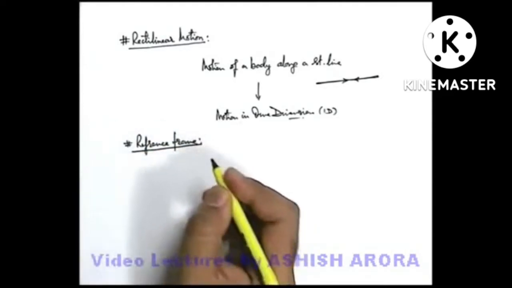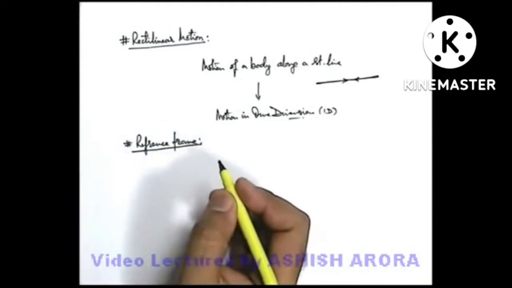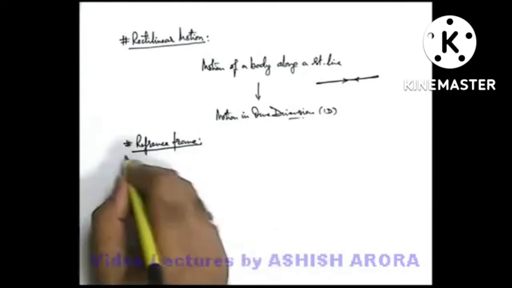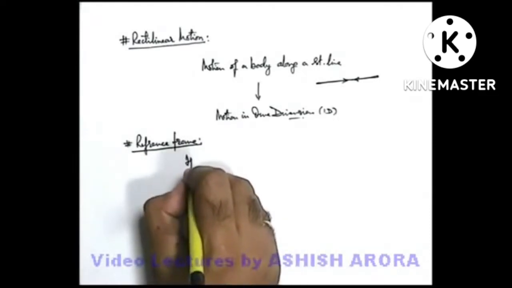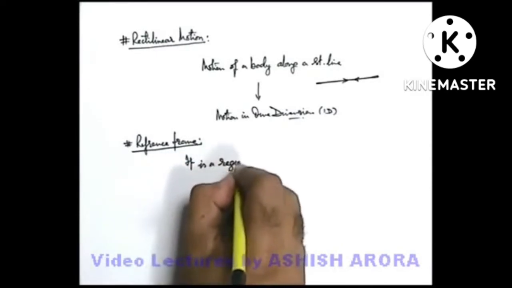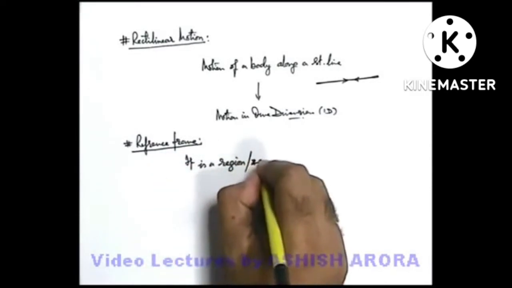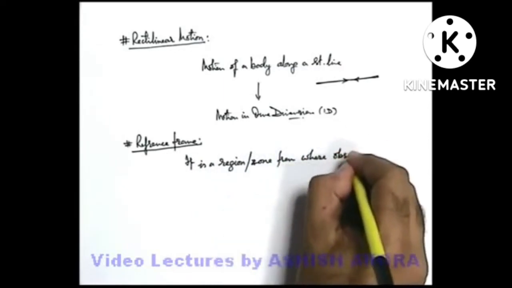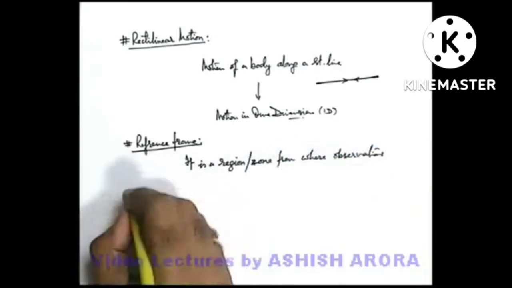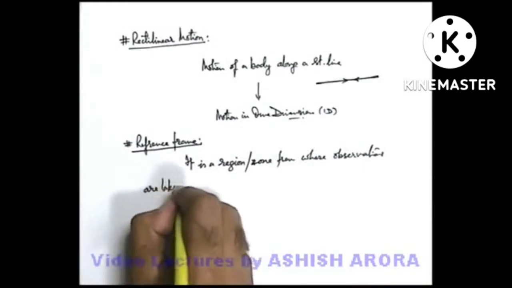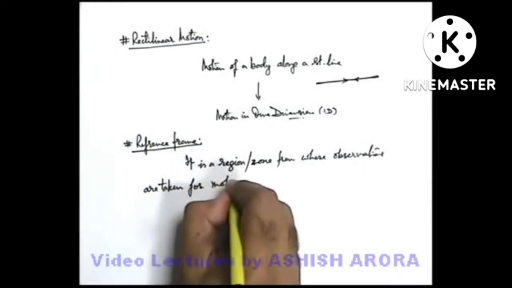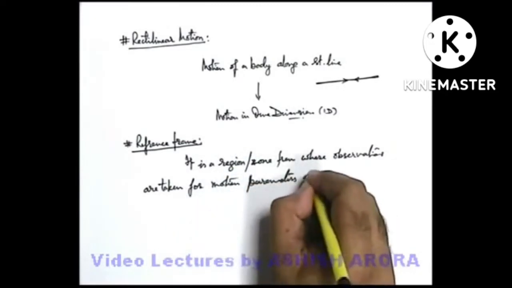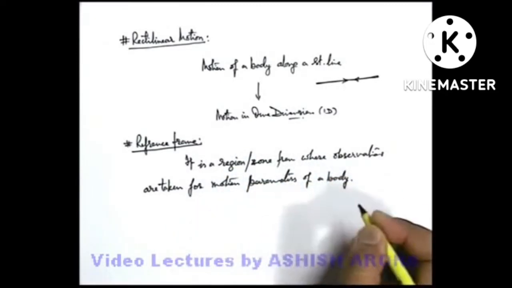The concept of reference frame itself is very important to understand. Almost in all problems of mechanics, which we'll study further, a reference frame is simply a region or a zone from where observations are taken for motion parameters of a body.